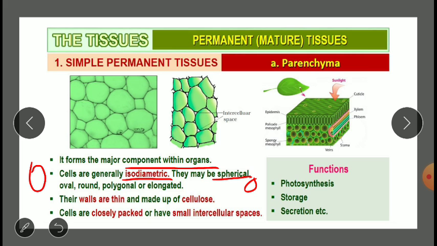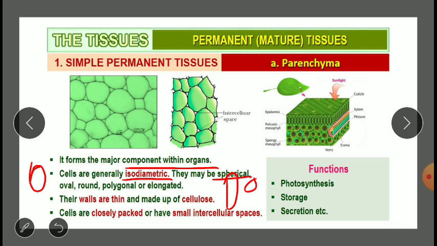Polygonal is having many sides, or elongated means they can be like this, elongated structures. So they may be having varied shapes according to where they are present. Their cell wall.